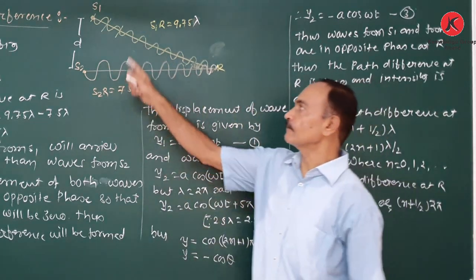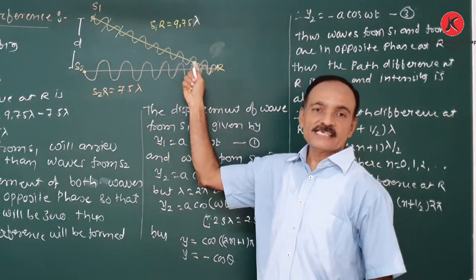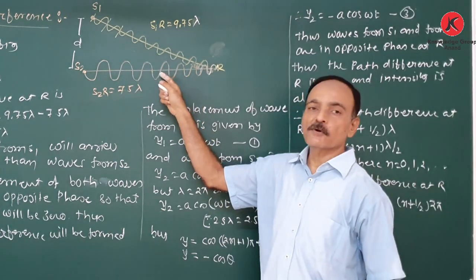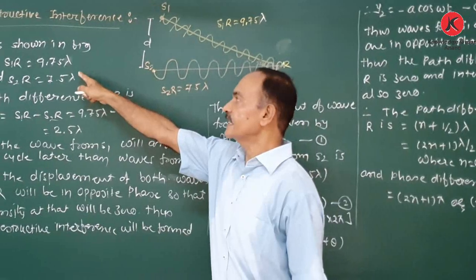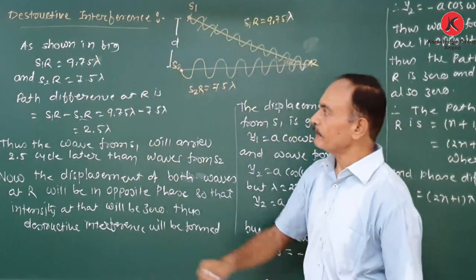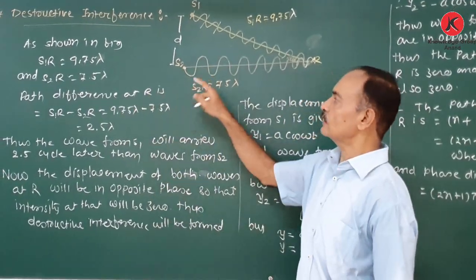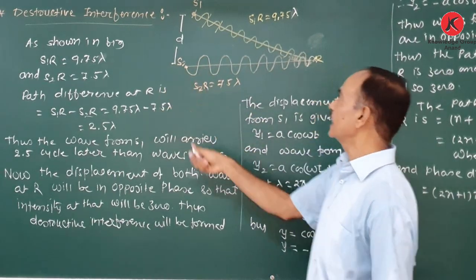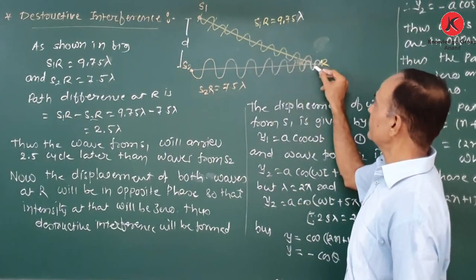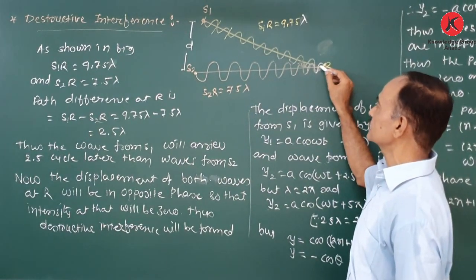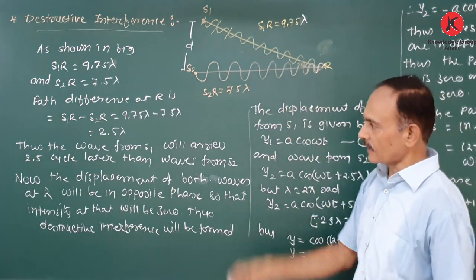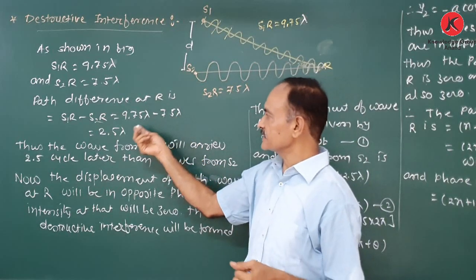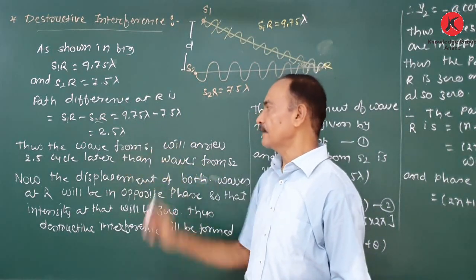Here we take the example of how the crest and trough are superposed on each other at this point. For that purpose, we consider S1R equal to 9.75 lambda and S2R equal to 7.5 lambda. Here from S1, the trough is superposed with the crest of the second wave at point R. Therefore, the path difference at R is 2.5 lambda.